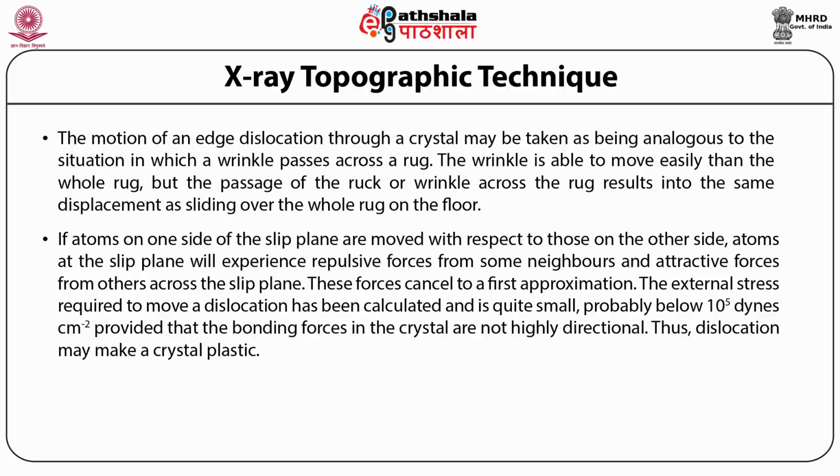The external stress required to move a dislocation has been calculated and it is quite small, probably below 10 raised to the power 3 dynes per square centimeter, provided that the bonding forces in the crystal are not highly directional. Thus, dislocation may make a crystal plastic.